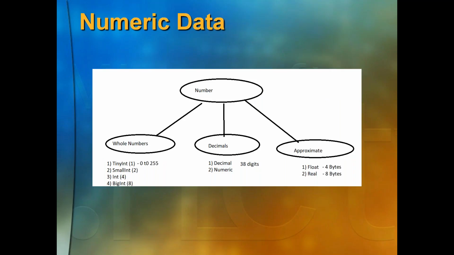Now, if you want to store numerical data, then we have whole numbers, then we have decimals, and we have approximates. Clear? Whole numbers means we have tiny int, small int, int, big int. These are going to store data without decimals. If you want to store data with decimals, then we have decimal and numeric, and approximates means real and float.